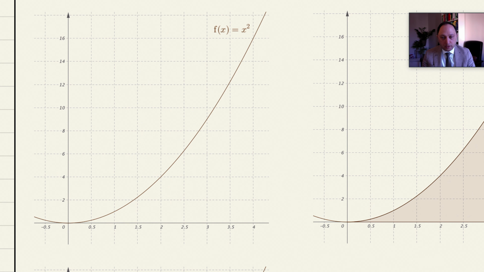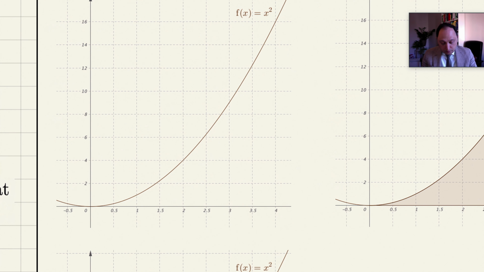That's the only reason. For example, when x is equal to 2, don't consider that this height is 2, this height is 4. On the y direction, every grid is 2 units. On the x direction, every grid is 0.5 units.